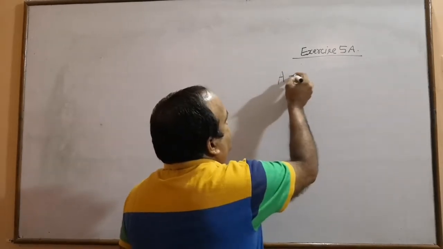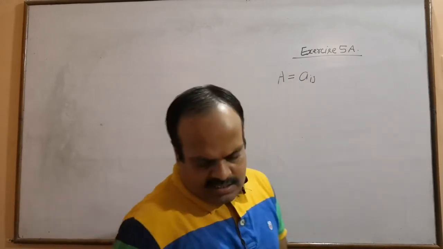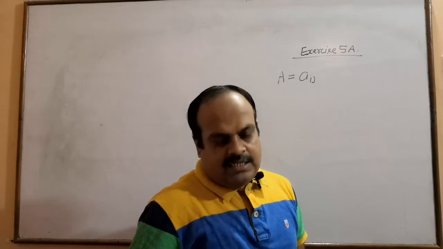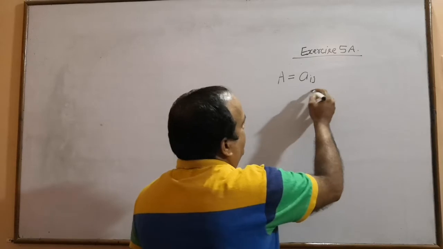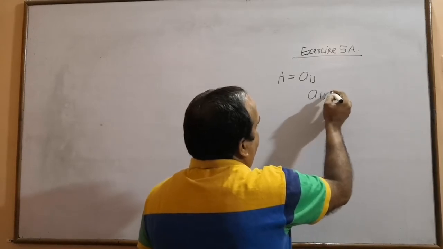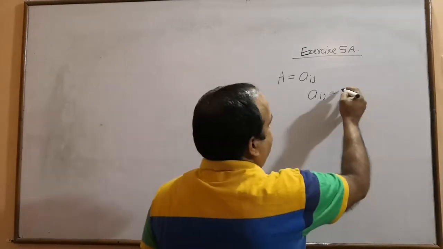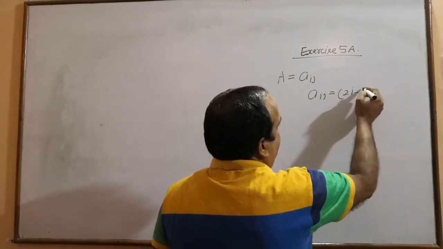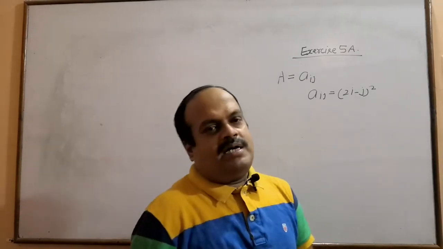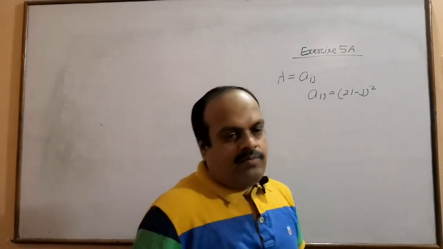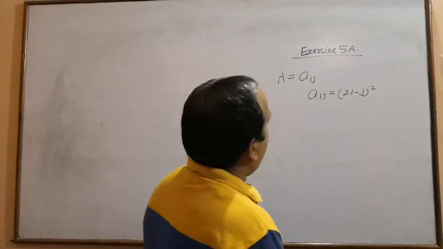A matrix A, i, j, and its elements are given by the formula (2i minus j) whole square. We have to construct a matrix of order 2 cross 2.